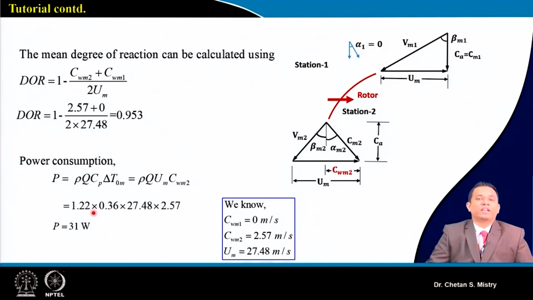If we consider different losses, bearing losses, mechanical losses, you need to select a power rating that is slightly on the higher side. You can see we are looking for the design of a small fan, which is required to give a small pressure rise. To achieve that small pressure rise, this power is reasonable in range.